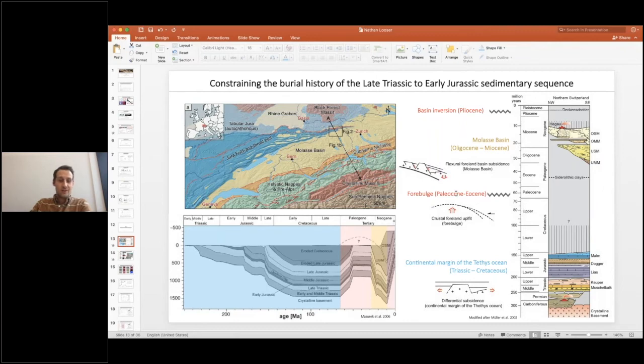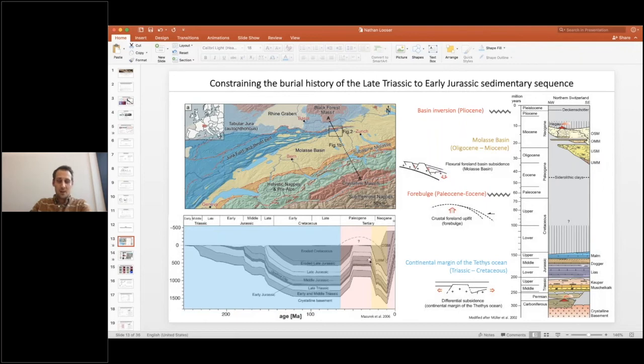After this forebulge, the Molasse Basin evolved as a flexural foreland basin, starting in Oligocene times with deposition until more or less late Miocene. Afterwards, the Molasse Basin was inverted and has been eroded ever since.